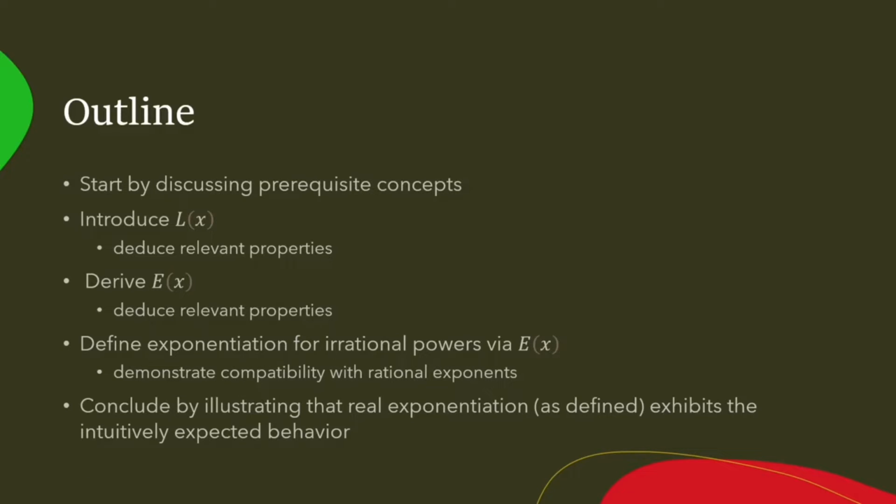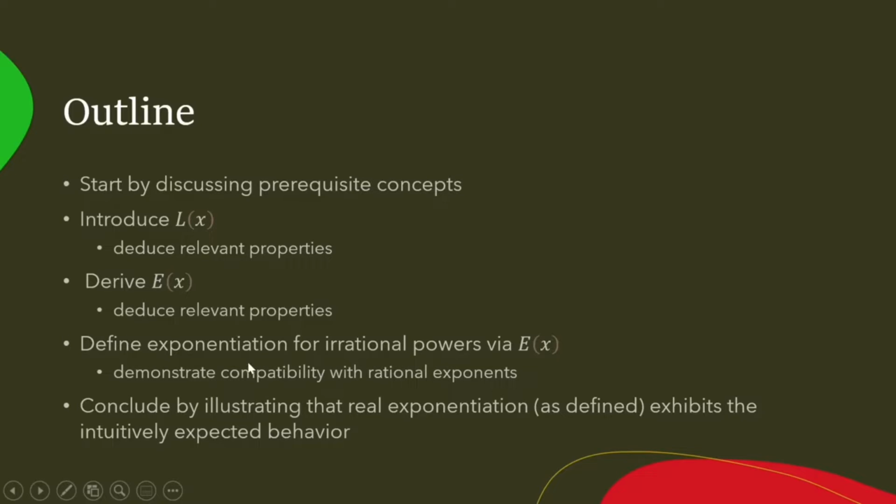So you can have a definition for irrational powers, but it's not going to be very helpful unless it's compatible with the rational exponentiation that we've already defined. So in fact, it will be the case that the irrational powers are going to be a natural extension of the rational powers.